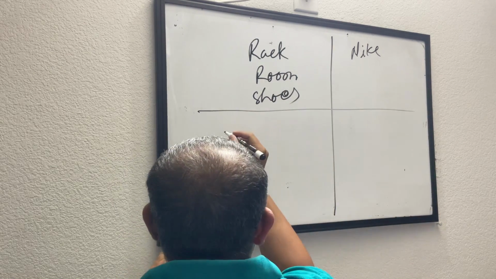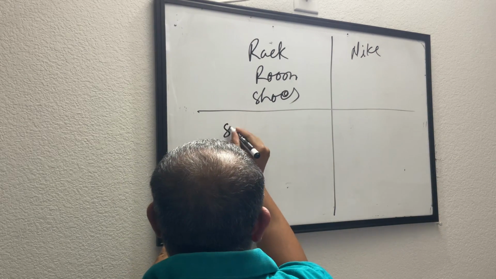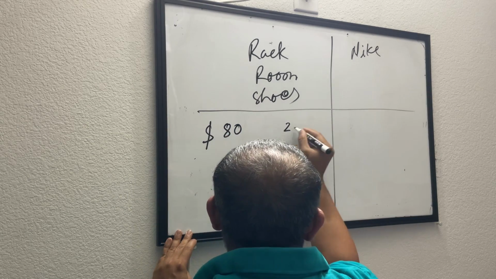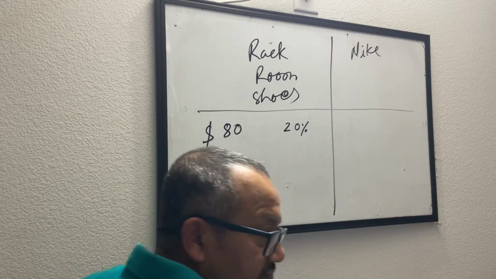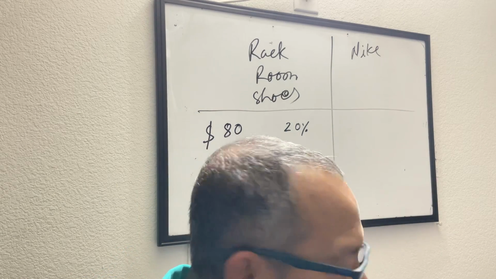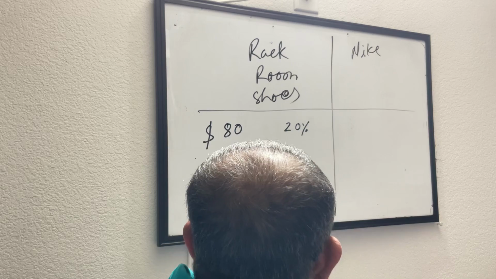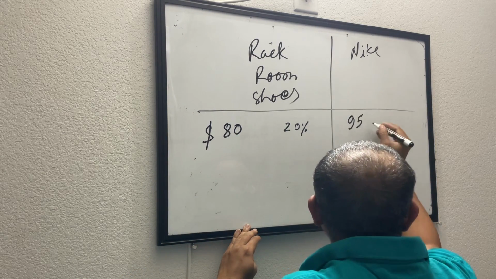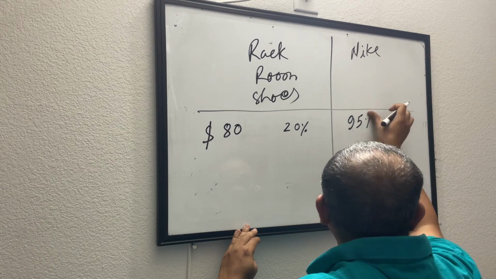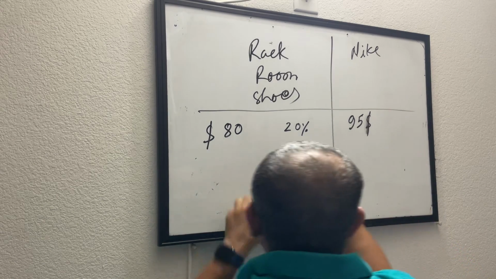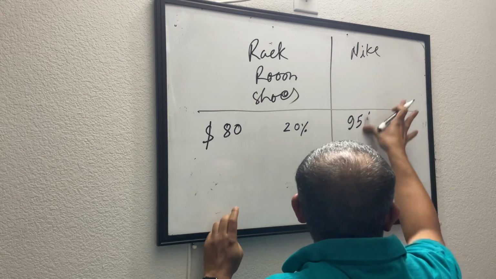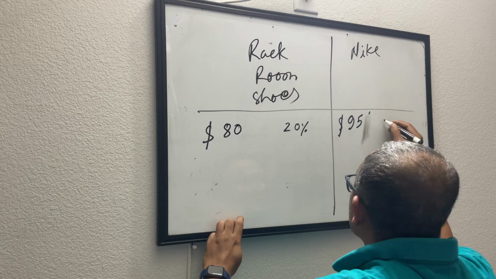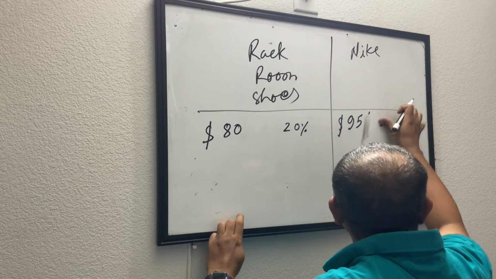Rack Room Shoes says the shoe is priced at $80 and they are giving a 20% discount during Thanksgiving. The Nike showroom says the sticker price is $95 and it's giving a 15% discount.